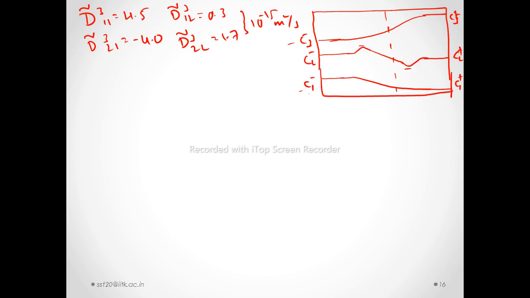We are seeing small peaks in the concentration profile. The main reason for these peaks is that in this case we are increasing the magnitude of the cross coefficients, hence it has an effect on the flux J2. Therefore, component 2 shows the variation in the maxima and the minima.